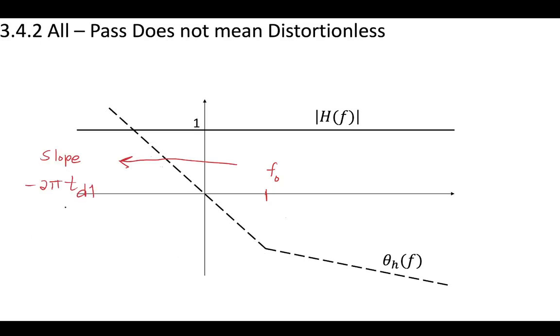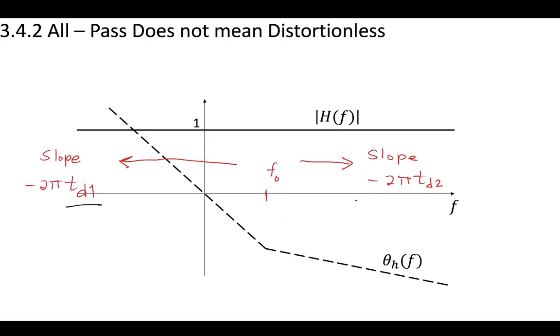What does that mean? The slope below this frequency has some time delay, minus 2 pi t_d1, whereas the slope above our frequency f naught has a time delay of t_d2.